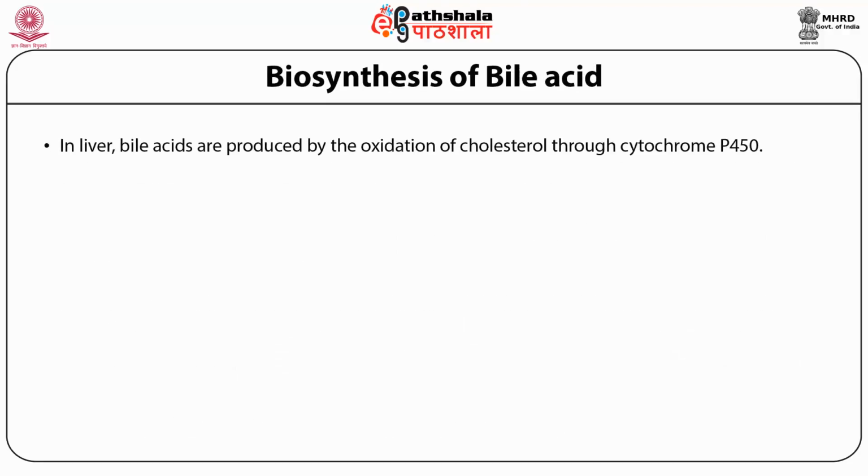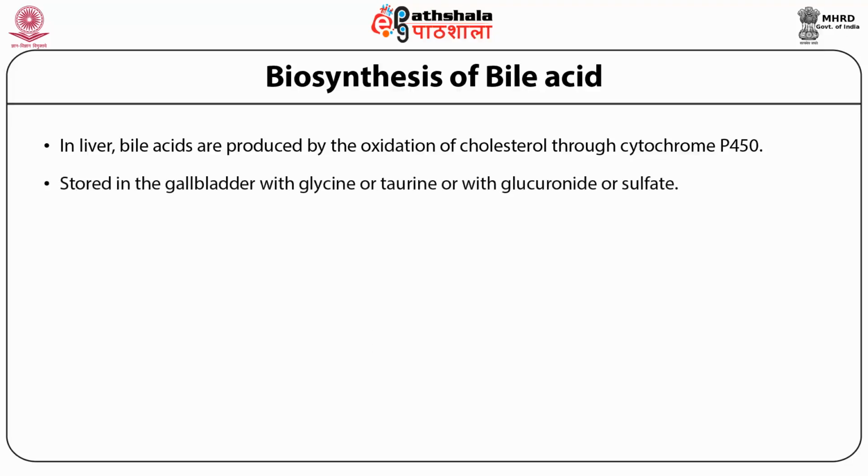In liver, bile acids are produced by the oxidation of cholesterol through cytochrome P450. They get stored in the gallbladder, water is removed, salts become concentrated in a conjugated form with glycine or taurine or with glucuronide or sulfate.